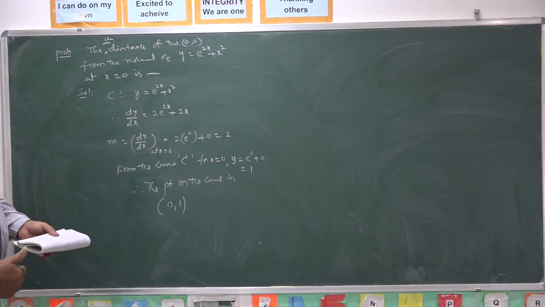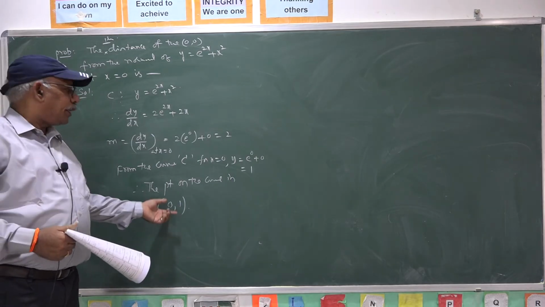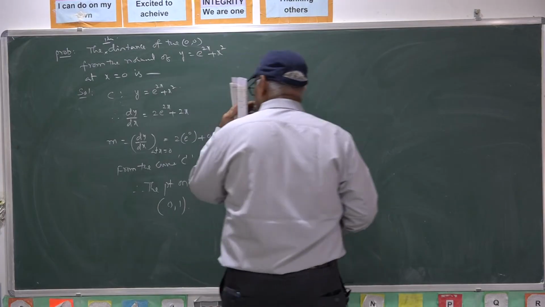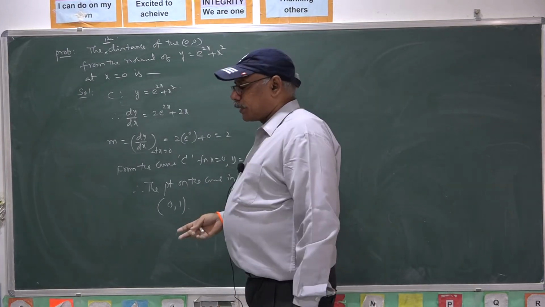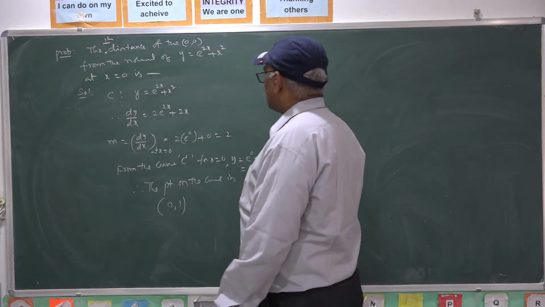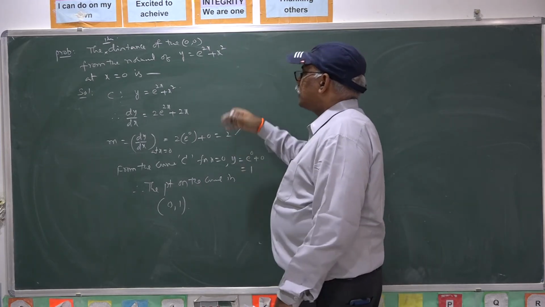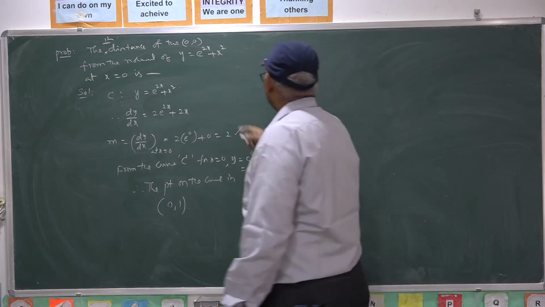The tangent is drawn at this point, whose slope is 2, or the normal is considered at this point. The slope of the normal is minus 1 by 2. Once this is the slope of the tangent, you can find the slope of the normal.